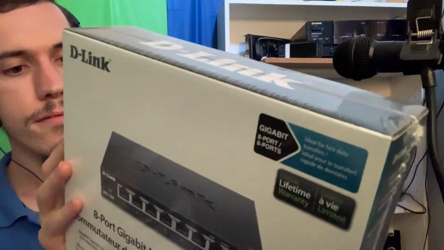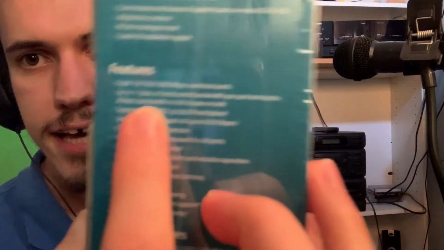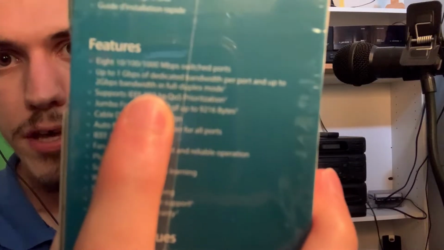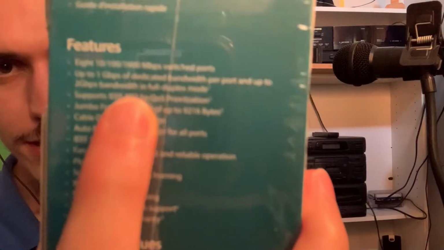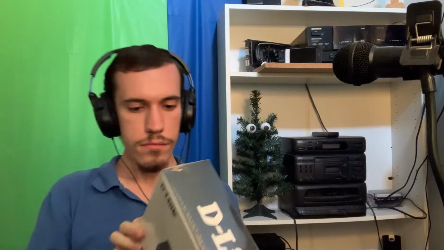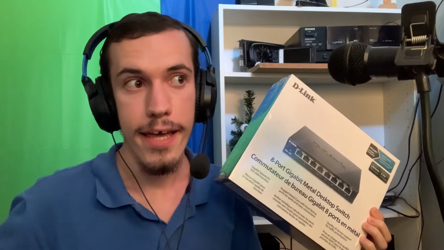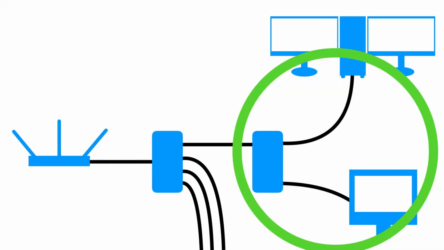It says here up to, you can't read that, it's fuzzy, up to 1 gigabit per second dedicated bandwidth per port. So this should solve the first and potential second weakest links in the chain in one go.